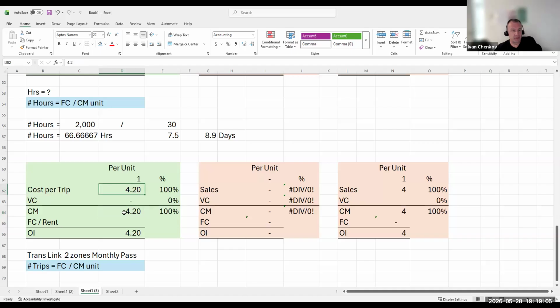And so let's say the cost per trip is $4.20. Now the monthly pass will be your fixed cost. Let's say the monthly pass is $150. Now the question is, how many trips do I need to make in order for this $150 to be covered?